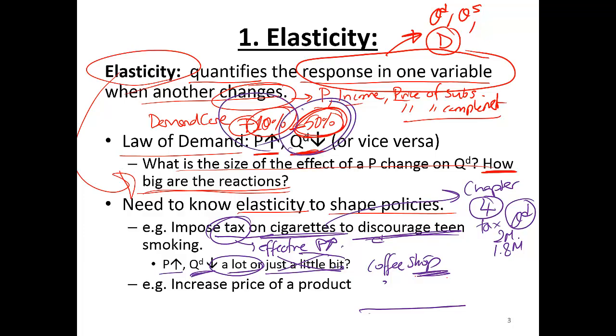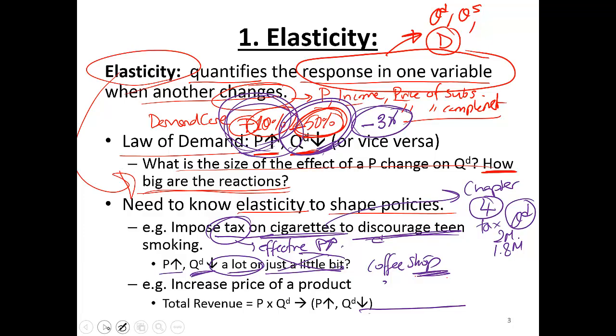If quantity demanded goes down by, let's say, 50%, you are in trouble. But if you increase the price by 10% and quantity demanded just goes down by 3%, that's nothing. I can deal with this, because the 10% increase in price will overcome this drop.